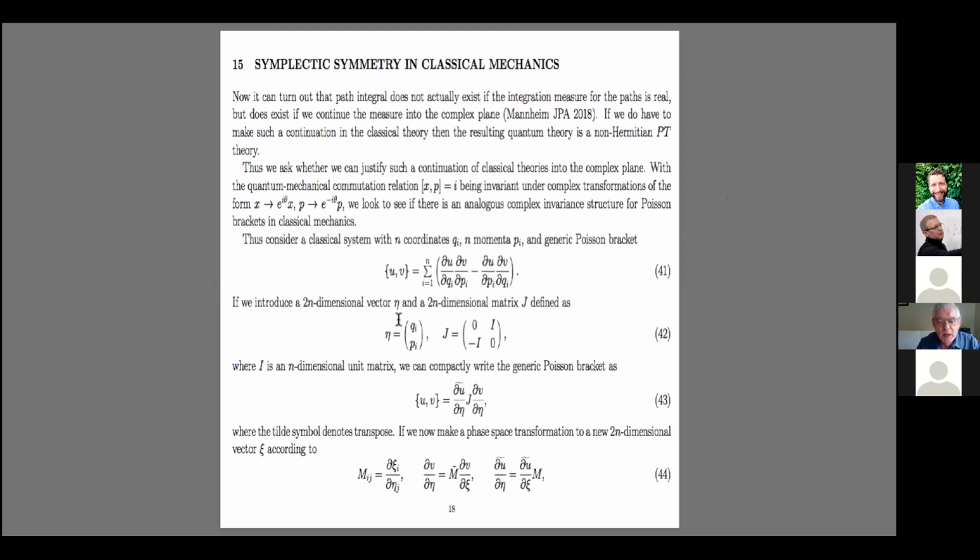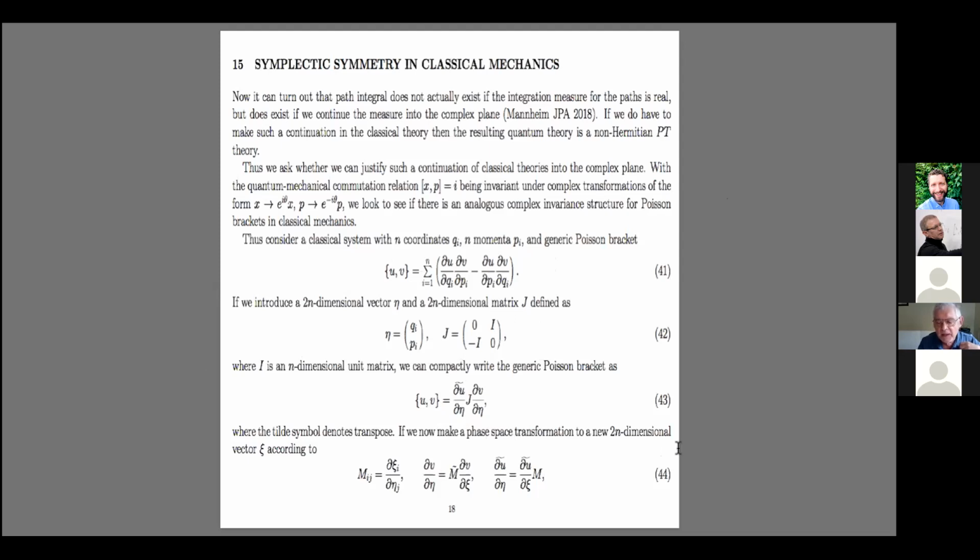We write all the phase space variables into a single column, eta. We introduce a 2n-dimensional matrix J, which is (0, I; minus I, 0), where I is the n-dimensional unit matrix, and we can rewrite the Poisson bracket as du/d eta, transpose, J, dv/d eta.